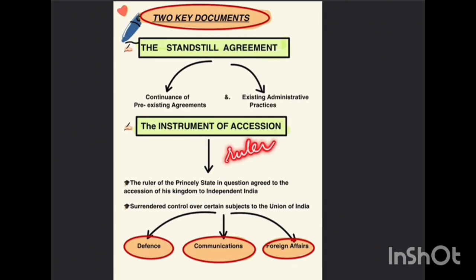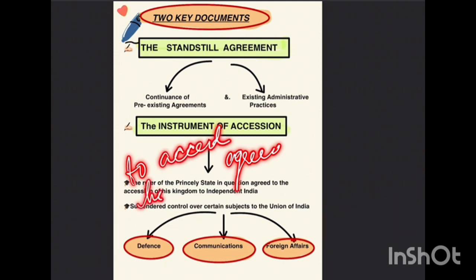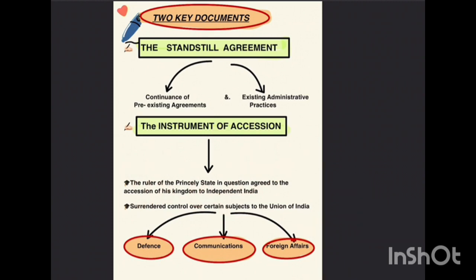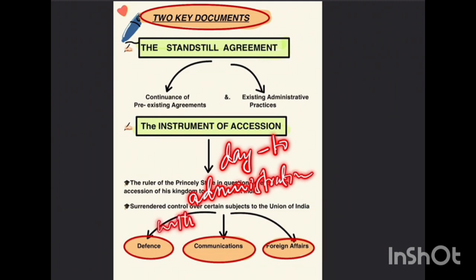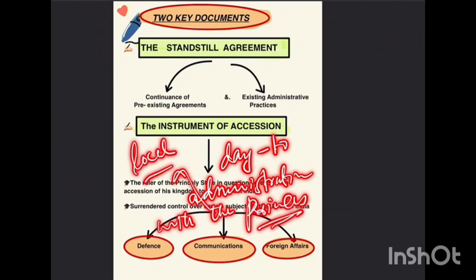Here the ruler would agree to accede his kingdom to the Union of India. He surrendered the subjects of defense, communications and foreign affairs, while the day-to-day administration would remain with the kings or princes, the local administration.